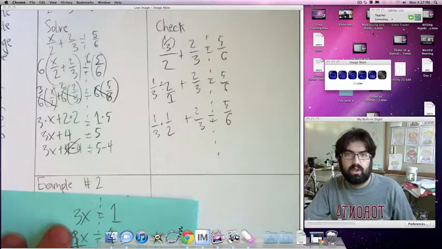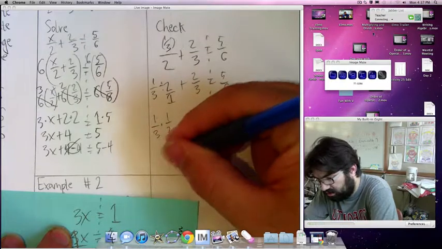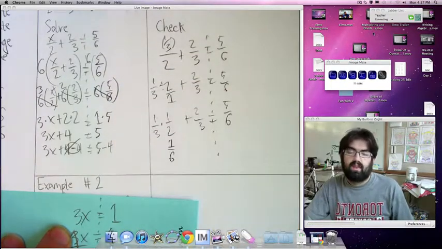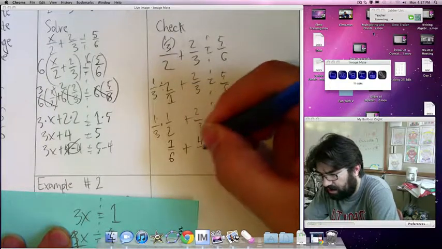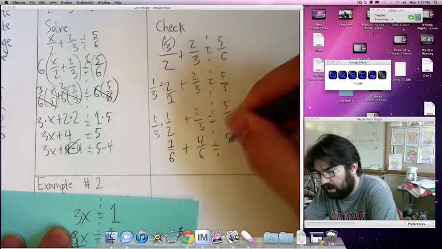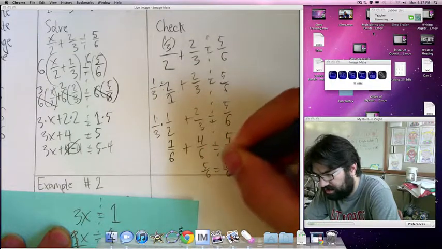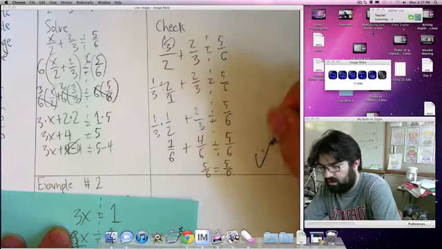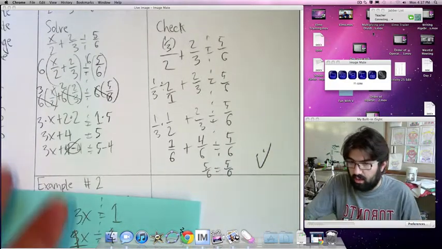Well, 1 times 1 is 1. 3 times 2 is 6. I already know I'm going to have to turn this into a 6, so I'm just going to change this into 4 over 6 already. And sure enough, 5 over 6 is equal to 5 over 6. So we're good. So the answer for the first one is x equals 1/3.